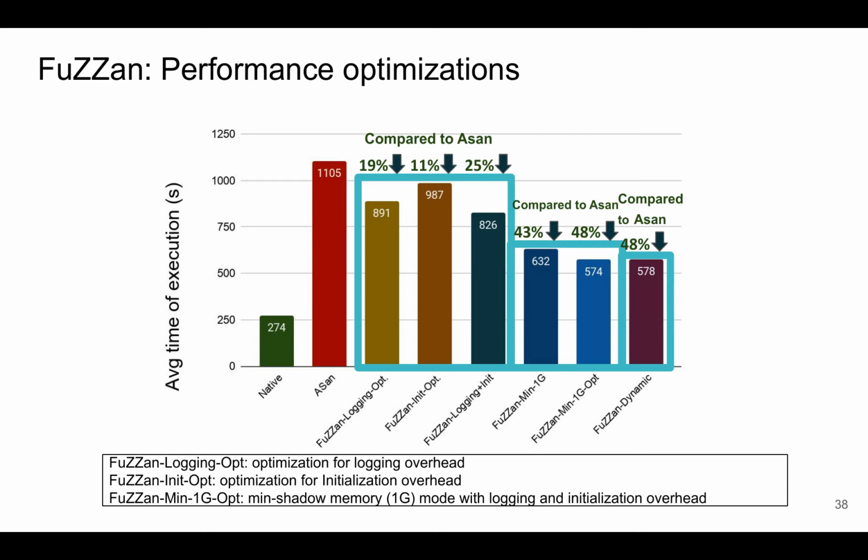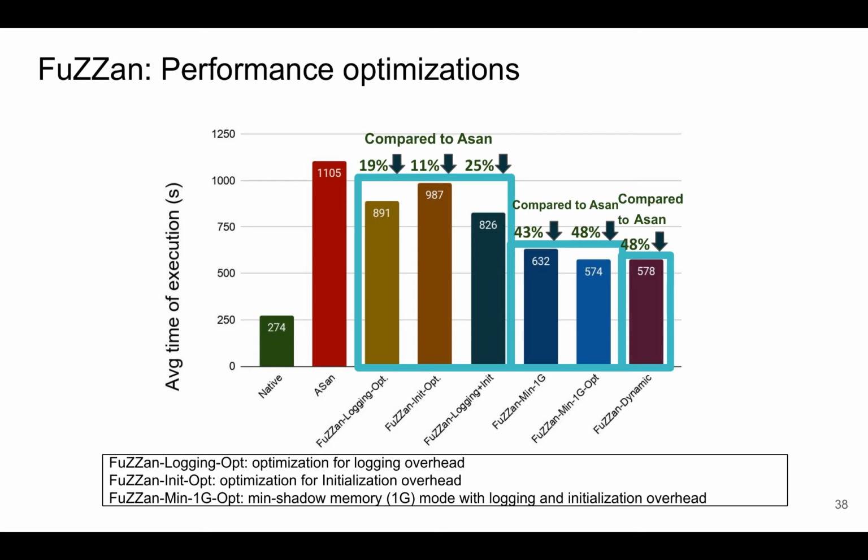Now compared to ASAN, if we do 1 GB or 16 GB with the two optimizations, we get 43 and 48% improvement. Like the optimizations on top of the 1 gig gives us another 5% performance boost. And if we do dynamic switching, we're going to get a 48% reduction as well.